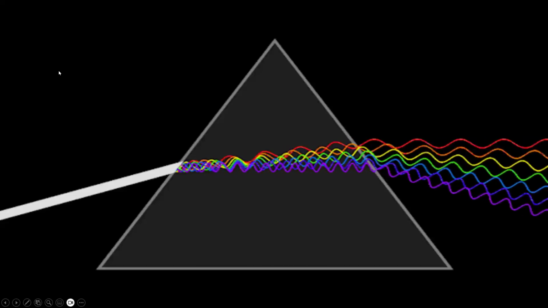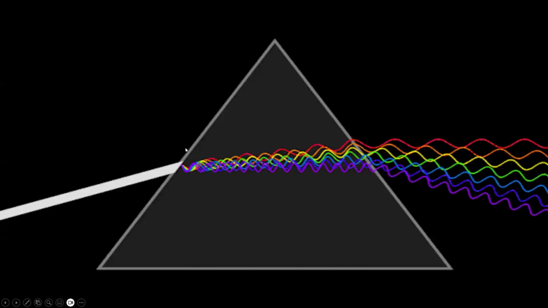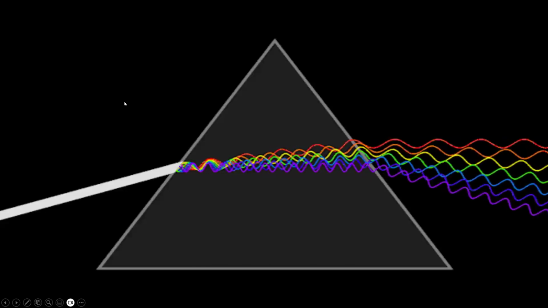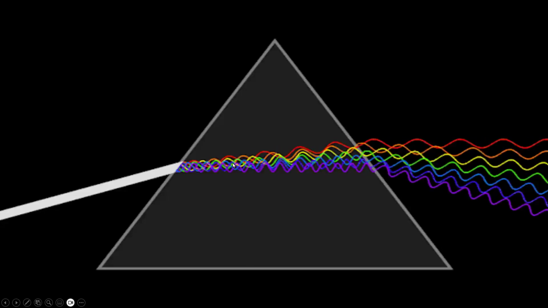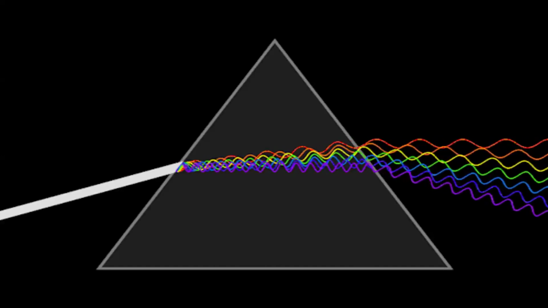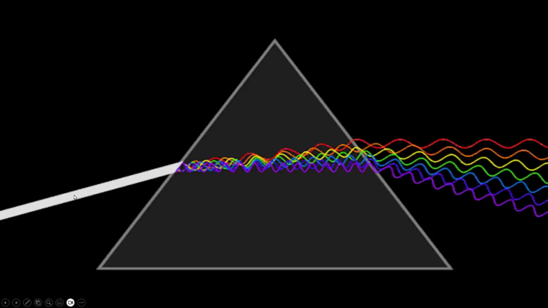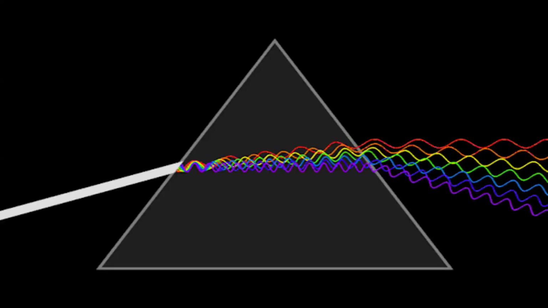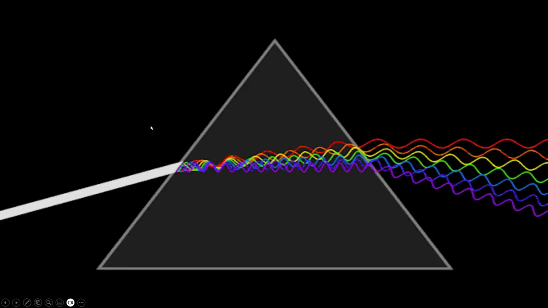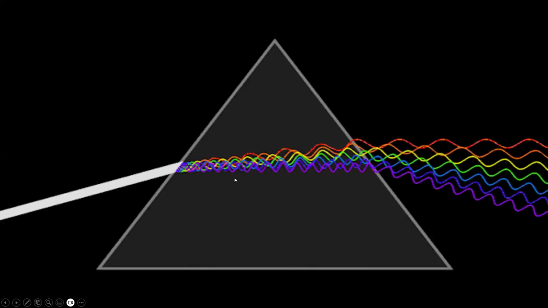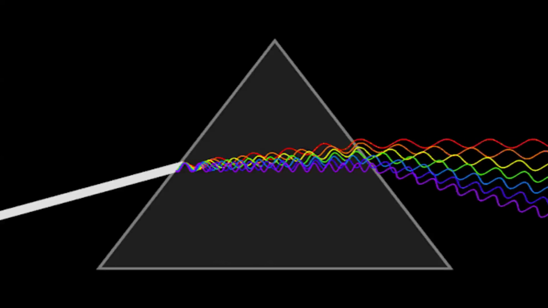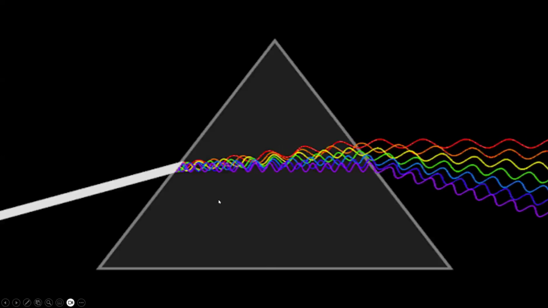And if you shine the white light straight into it at a right angle, you would not have the white light broken into different frequencies. It would still be white, but it would just slow down a little bit, according to how the glass slows down light a little bit more than the air does.